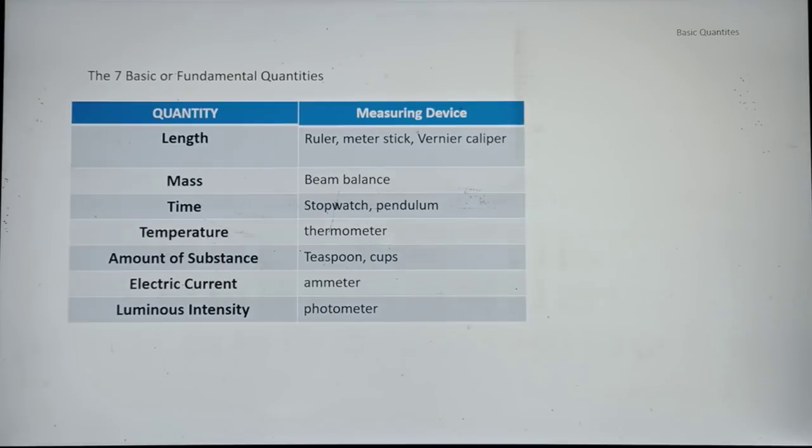For the amount of substance, there is no recorded device for determining the number of moles of a substance. Thus, the number of moles is often computed. But in the macro sense, some amount of substance devices are tablespoon, teaspoon, cups. For electric current, ammeter. And for luminous intensity, photometer.